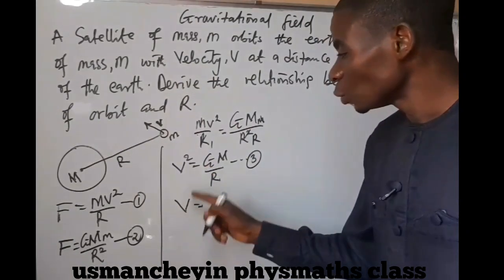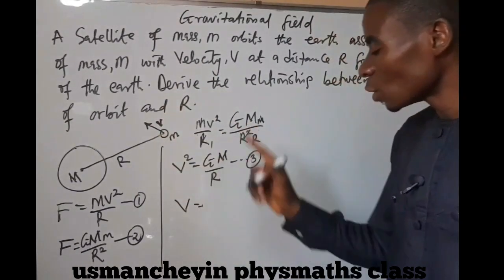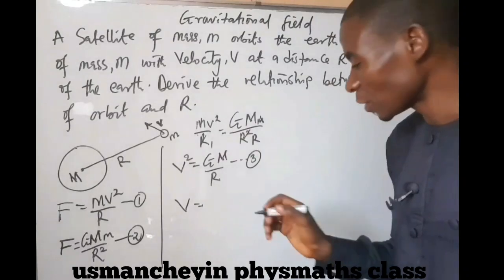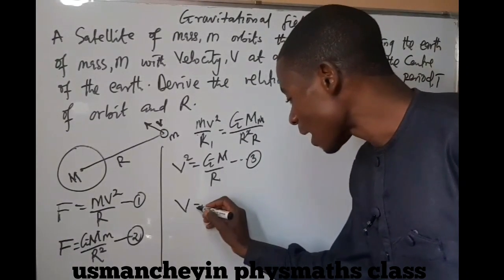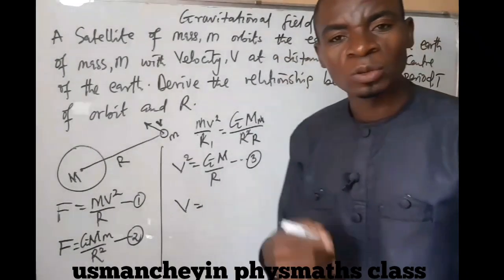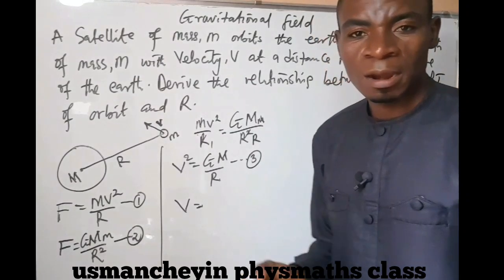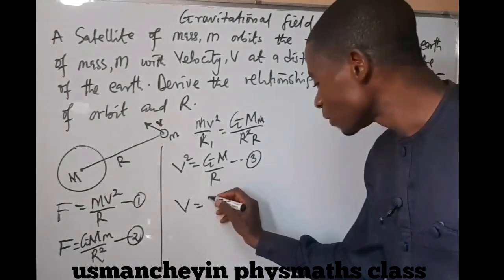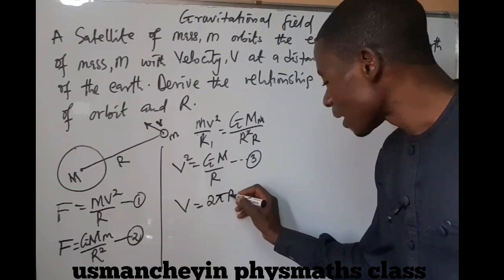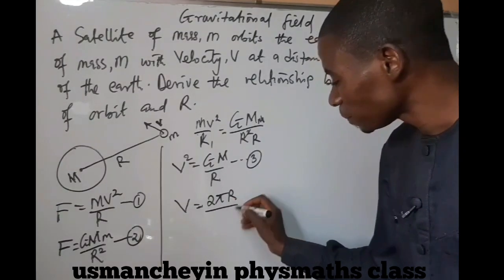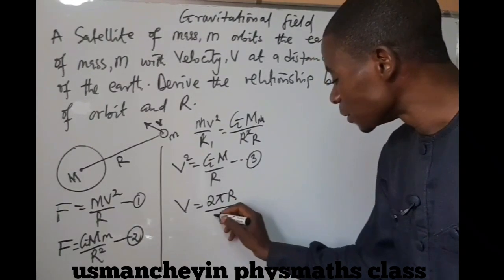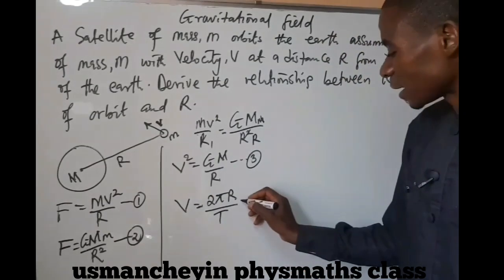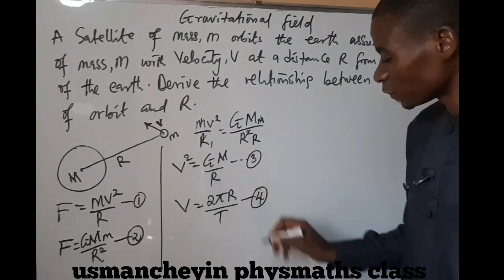And the circumference of a circle is equal to 2 pi r. Okay, so the speed is 2 pi r all over T, which is the period. I can say this should be my equation 4.